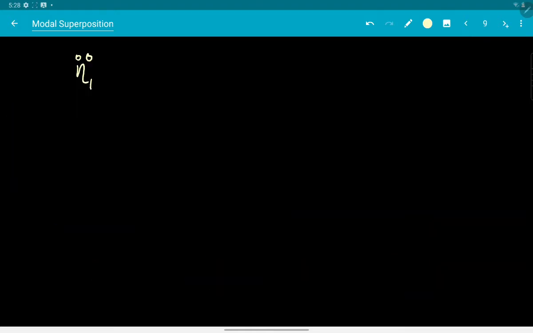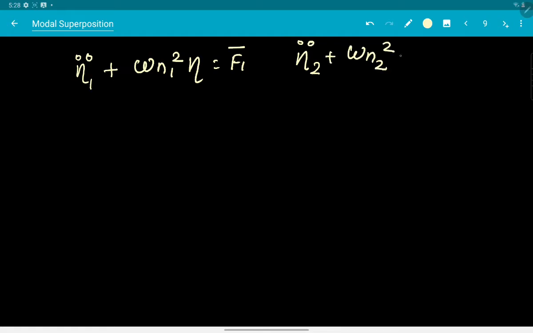When you have picked up mass normalized mode shapes, then what you get is this one: eta double dot plus omega n square, this is eta 1, this is eta 2, and f2 bar. It is not cap tilde, it is bar.